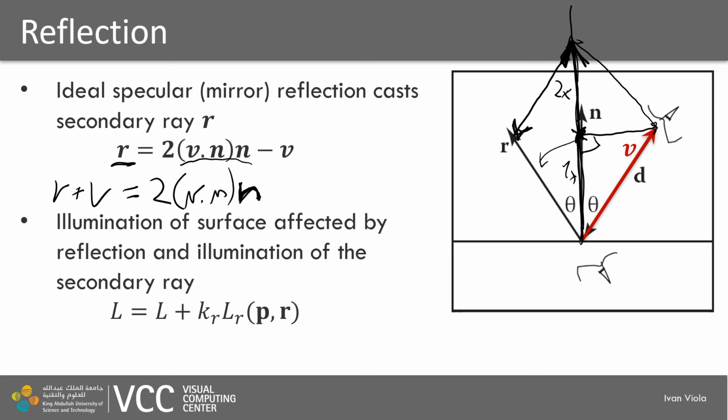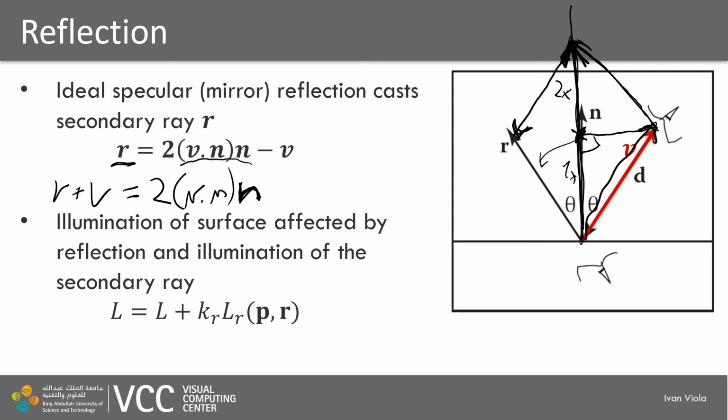So this R plus V is here, V is here, this is V, and this would be R. As R and V are equally long, they have the same size of projection. So twice the projection of the view vector onto the normal vector is the result of adding vector R and vector V. And now if I subtract V from this scaled normal vector, I will end up with the reflection vector R.